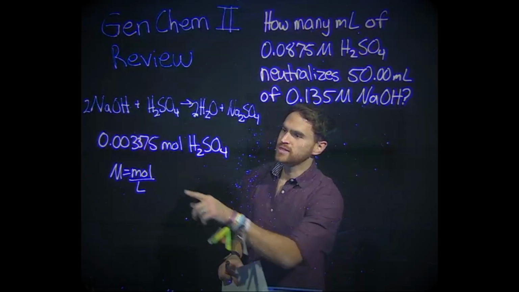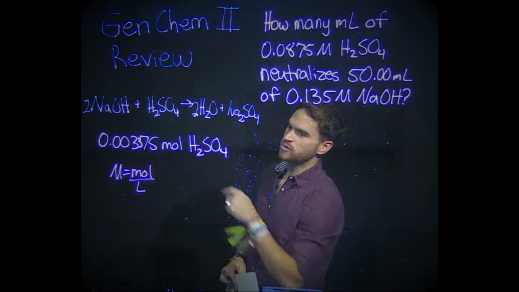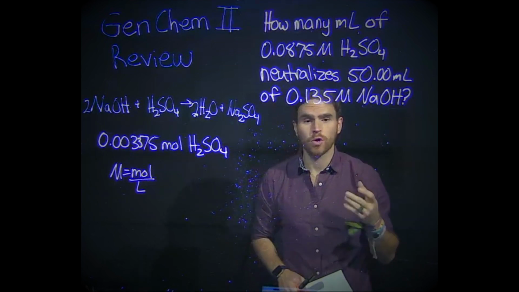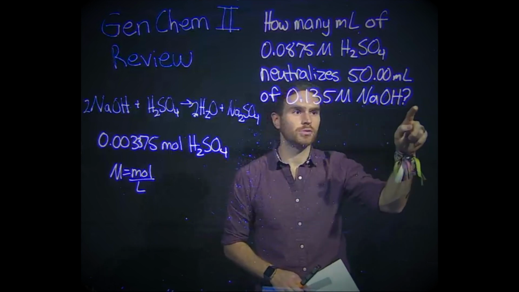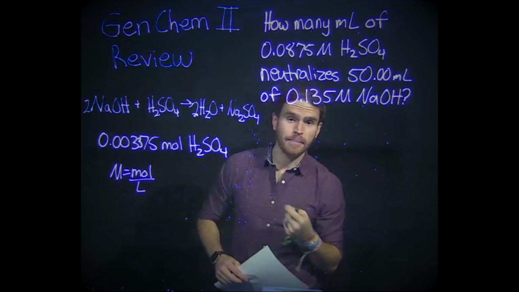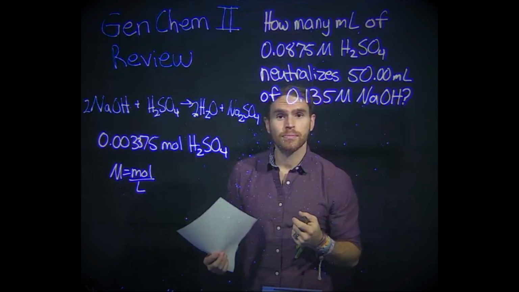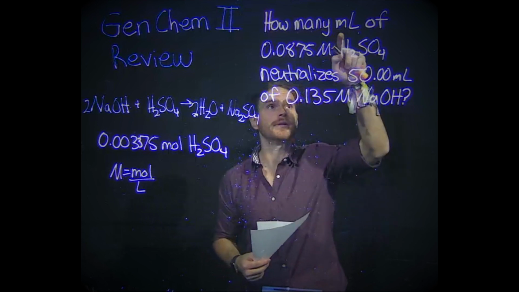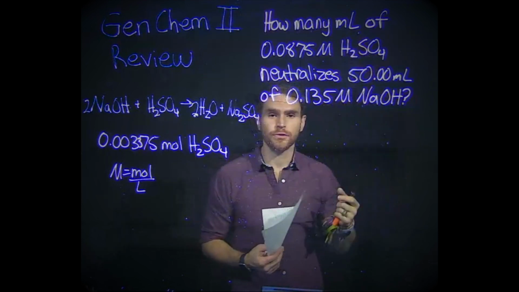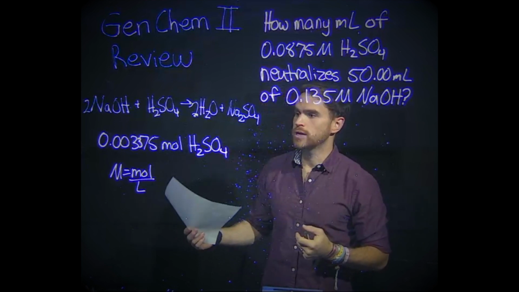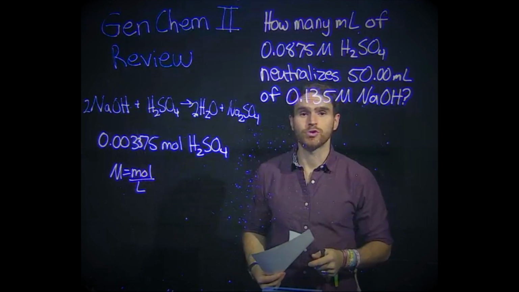Now that we know that we have 0.003375 moles of sulfuric acid required to react with this solution of sodium hydroxide, we can use the relationship that molarity equals moles per liter in order to determine exactly the volume in milliliters of this sulfuric acid solution required to complete this neutralization.